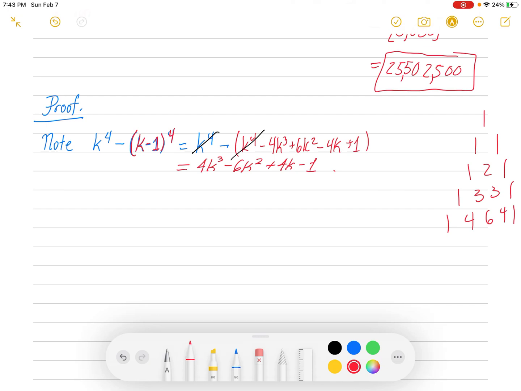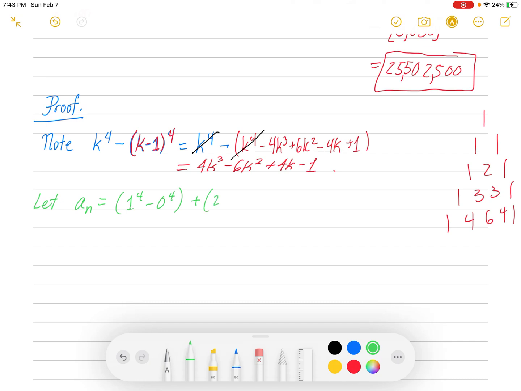So I'm going to say let a_n be the following. I'm going to take 1 to the 4th minus 0 to the 4th. So that's when k is equal to 1. And then plus, I'm going to plug in 2 for k.